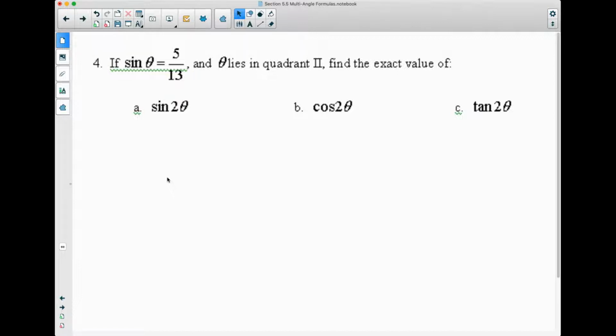Draw a triangle. And what's our missing side? 12. Close. Yes, you're right with 12, but where are we located? Oh, sorry, negative.